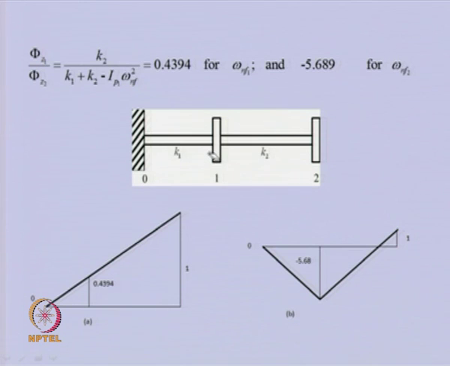That means if this disk is rotating clockwise in torsional vibration, this will oscillate in the counterclockwise direction, and when the second is rotating clockwise, this will be anticlockwise.